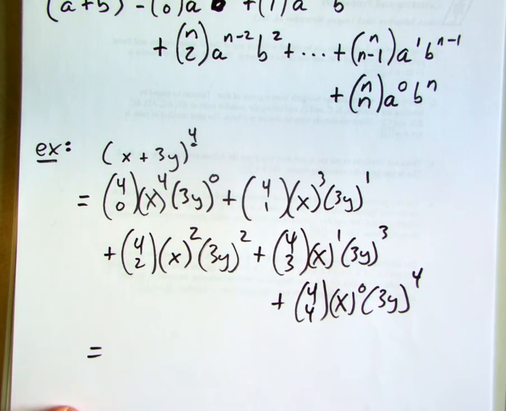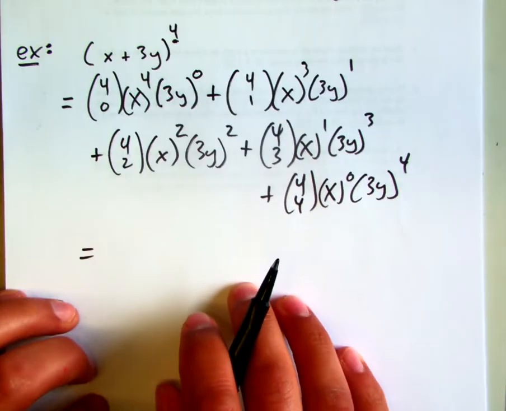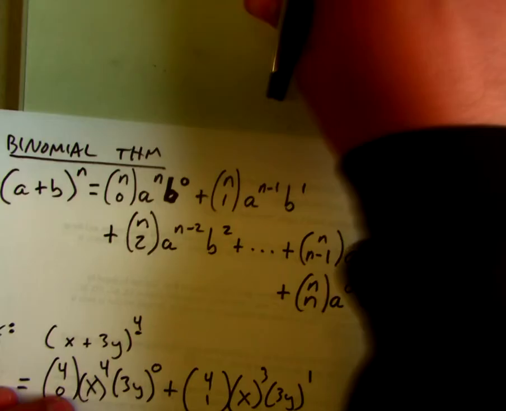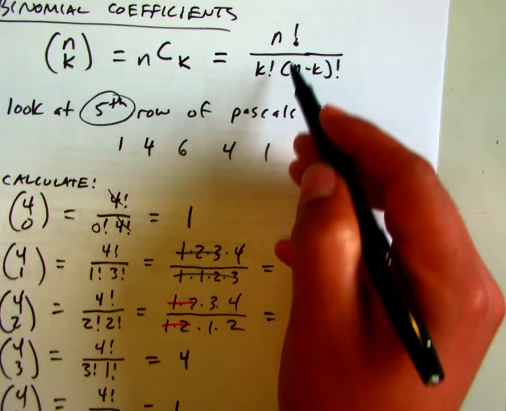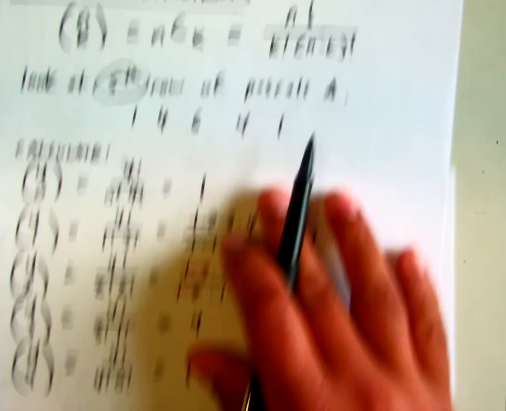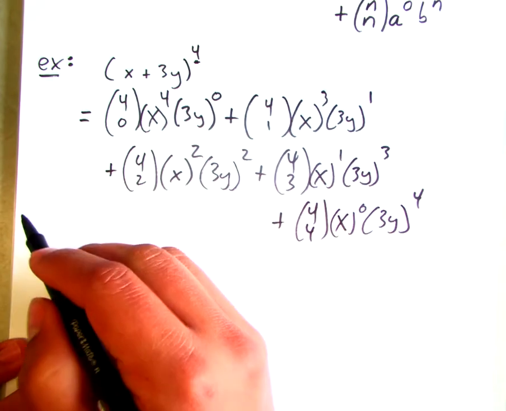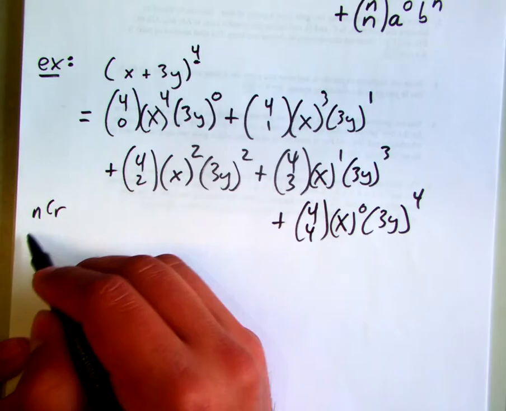Okay? Now, since you have calculators for this unit, here's my advice if you don't want to do this formula for all these. Do you remember how to type these in? We already figured them out earlier, but it's just the nCr button on the calculator.